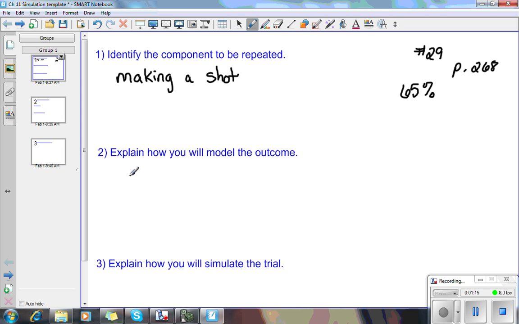So to model the outcome, this time I'm going to use the calculator. So I'm going to go ahead and let 1 to 65 mean that she makes it. And 66 to 100, she misses.